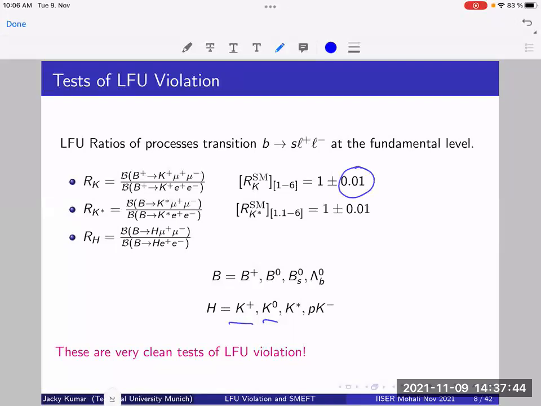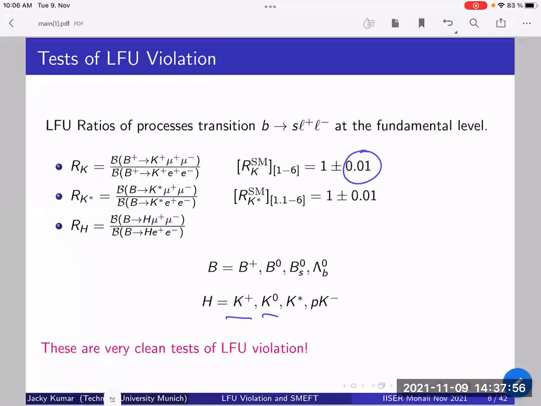That's why they are very clean. But for these pure modes like B to K μ+μ-, we have a problem with these uncertainties. Interestingly, some of these are also found to be different compared to the Standard Model, and that's again only in the muon mode. Electron modes are found to be consistent, and that's why we see that there is something in the muon mode compared to the electron mode.